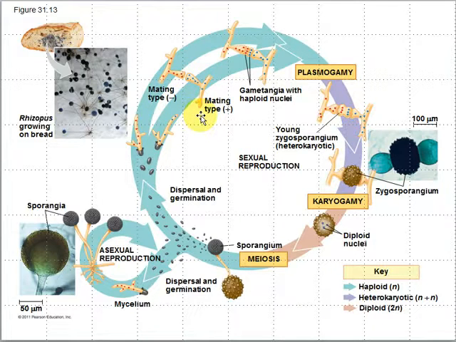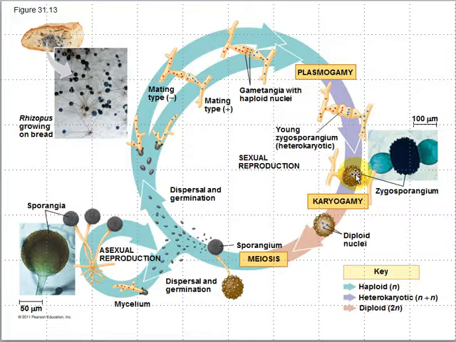They can join together in plasmogamy, and then at some point you'll have the nuclei fuse. That would be karyogamy. Sometimes within that diploid nucleus you have the formation of this thing here. It's called a zygosporangium. This zygosporangium is kind of a way of getting through tough times.